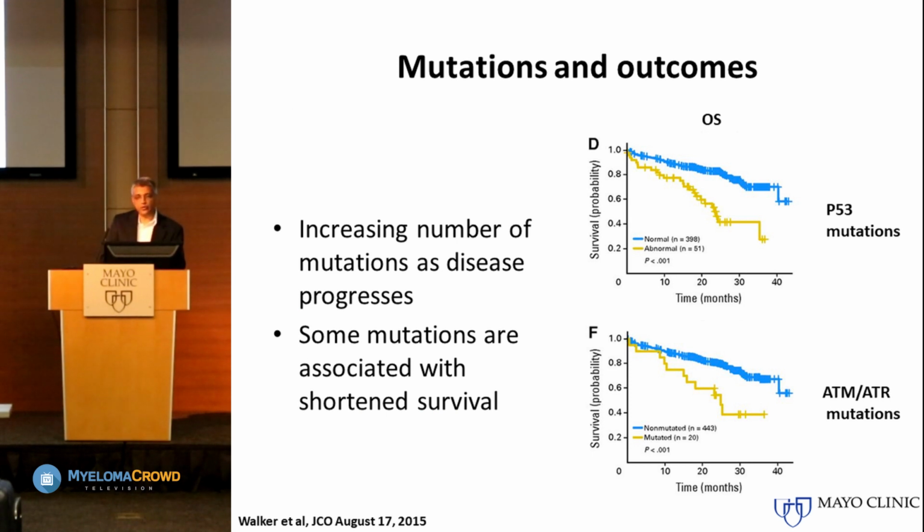Now, more recently, we have been able to look for what we call mutations. So instead of losing big parts or pieces of chromosomes, these are abnormalities just within a gene. So that gene doesn't function well. Either it becomes more active or it becomes less active. And based on these different mutations, now we have a better sense.